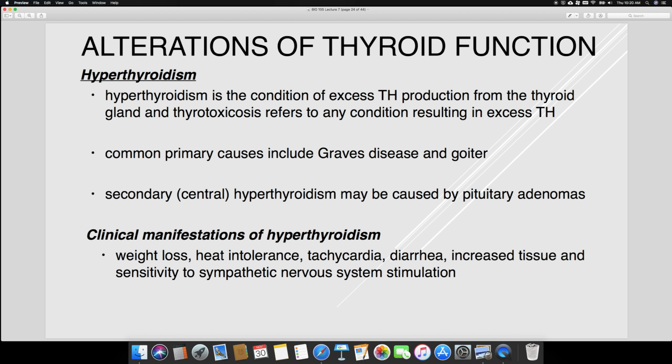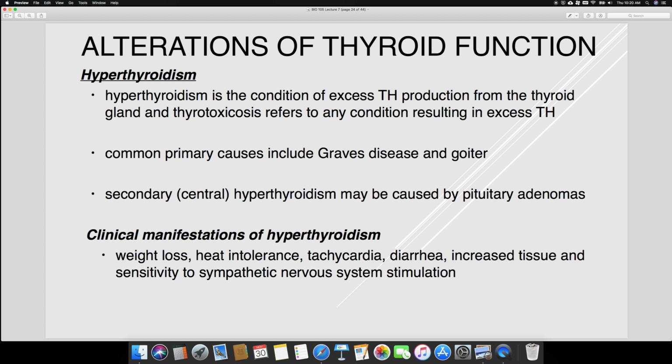So clinical manifestations of hyperthyroidism, regardless of cause, typically weight loss, heat intolerance, tachycardia, diarrhea, increased tissue sensitivity to stimulation by the sympathetic nervous system. And this makes sense because thyroid hormone's job is basically to increase metabolic rate in virtually every cell in the body.